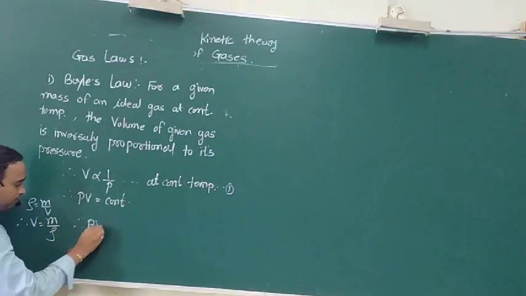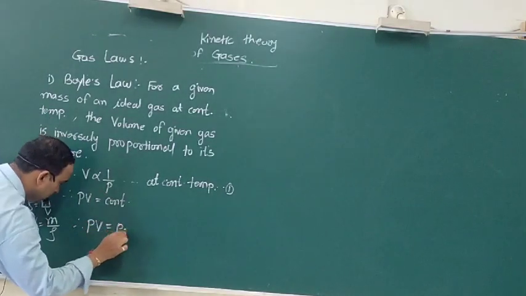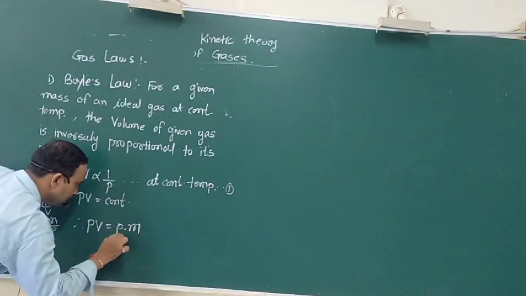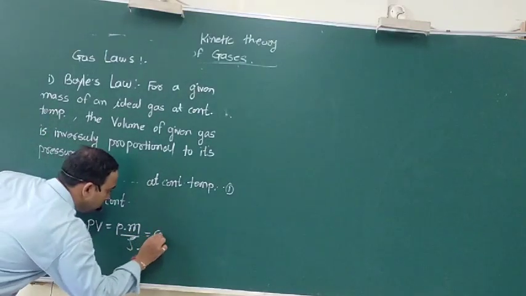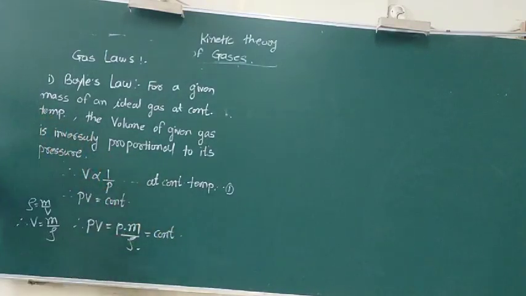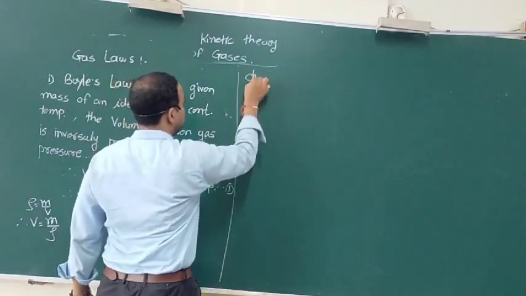Therefore PV is equal to P into mass upon density. So P into mass upon density is equal to constant. This is the which law? Boyle's.